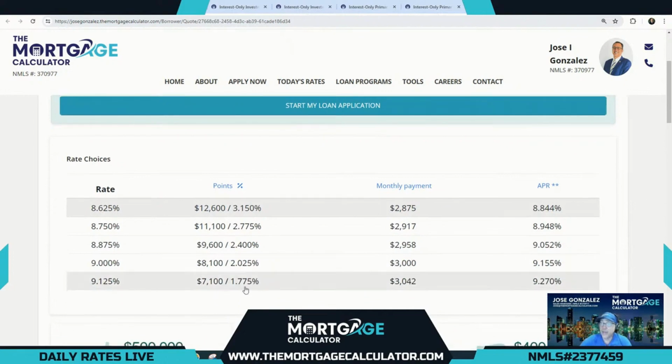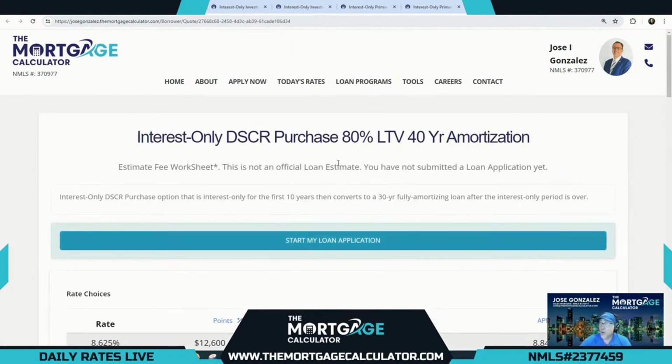So 9.125% is our lowest cost option at an 80% LTV, and you can buy that down all the way to 8.625 for our 40-year option. Now, again, the important thing on these loans is that most of these will allow you to qualify the borrower on the interest-only payment, which is great. So you can meet the DSCR of your loan.